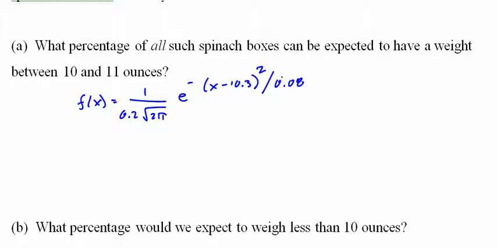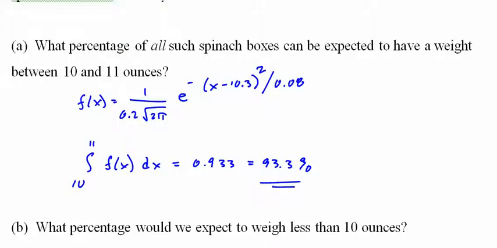And that is 2 times sigma squared. Yeah, so there's a lot there. It's easy to screw it up. Although, I just put it into my calculator and just ran with it. So we do the integral from 10 to 11 of that f of x, and we get 0.933. There's a 93.3% chance.